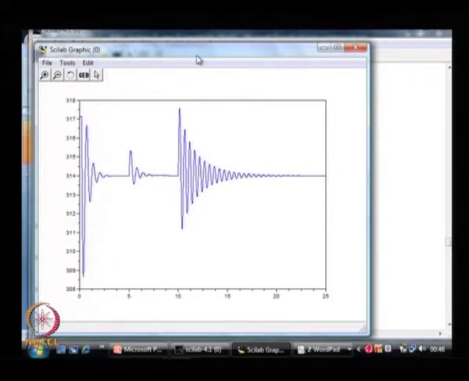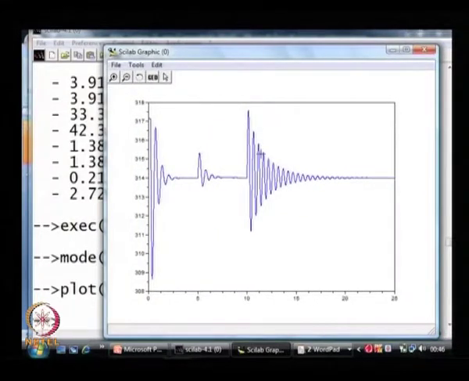So, the same thing is of course seen in omega. Remember, the same modes are being seen in almost all the states. So, what you see in delta, the same modal characteristics are seen in omega. So, you see that the frequency at different equilibria are different and the damping also is different. This takes longer to damp out compared to the damping here.